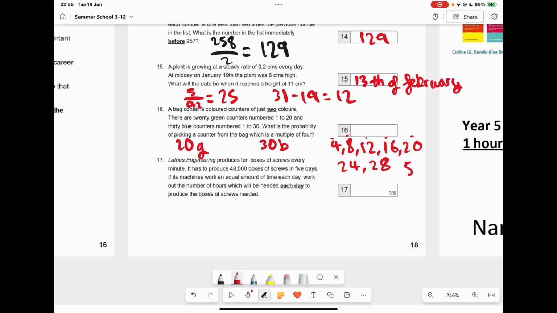So that'll be 5 times 2, which is 10. And then 10 plus 2 equals 12. So the answer to question 16 will be 12 over 50, but then we can simplify that to 6 over 25. So the answer is 6 over 25.